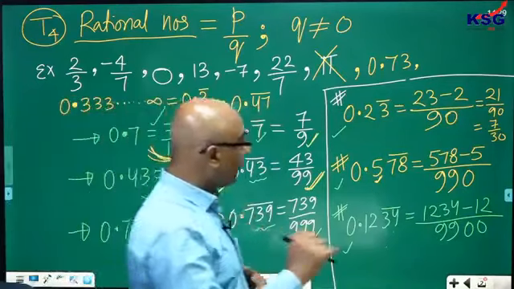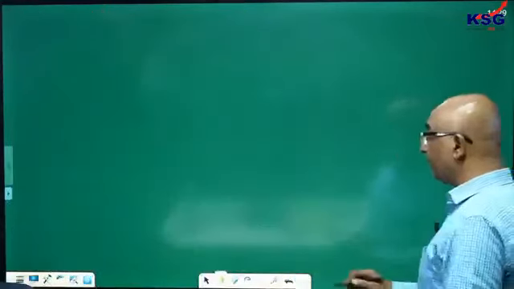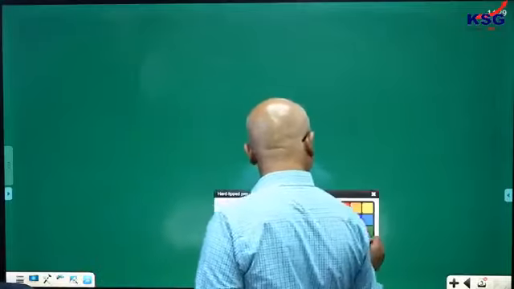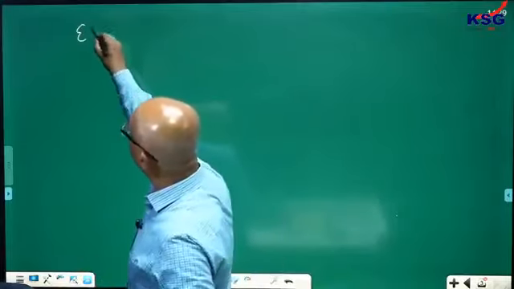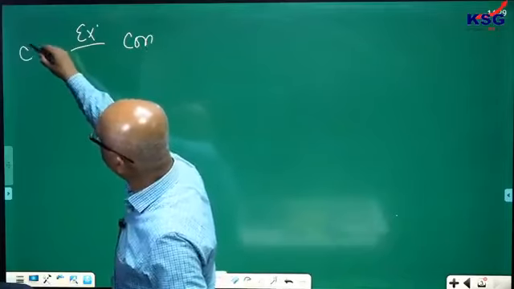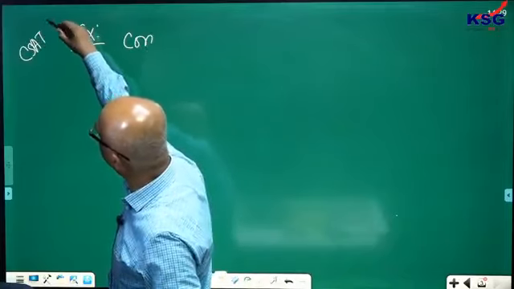Right? So write one example which appeared in our paper in 2021. Student, please copy one example. Convert, this question appeared recently in CSAT 2021.